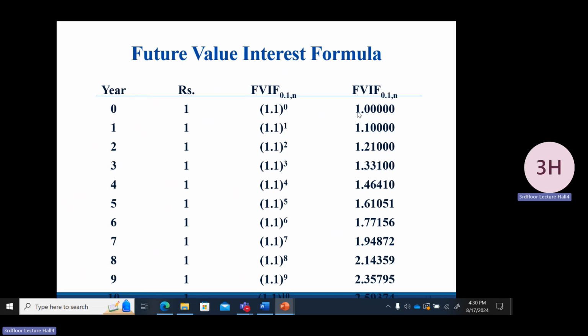Right. Now by using this table, if I ask a question, the rate here is 10%. If you deposit 1 rupee today at a rate of return of 10%, how much would you have at the end of 8 years?